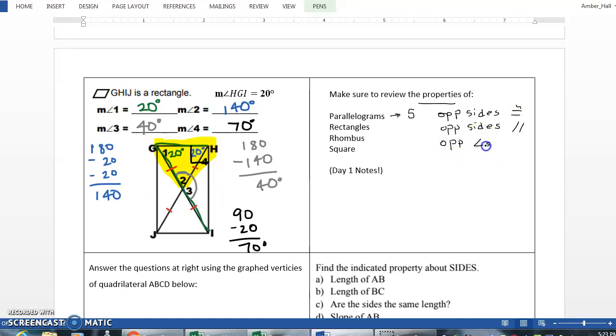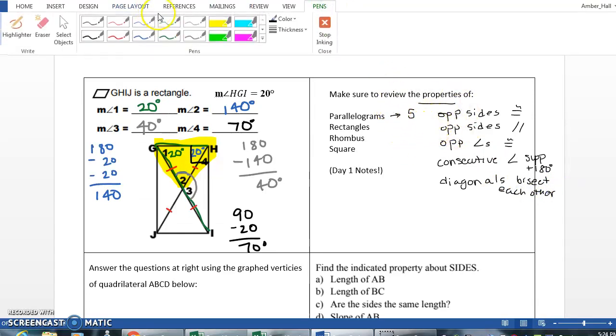The opposite angles are congruent. The consecutive angles, or the ones next to each other, like G and H are consecutive, are supplementary, where they add up to 180 degrees. And lastly, we know that the diagonals bisect each other. Okay, so those are the 5 properties of parallelograms.